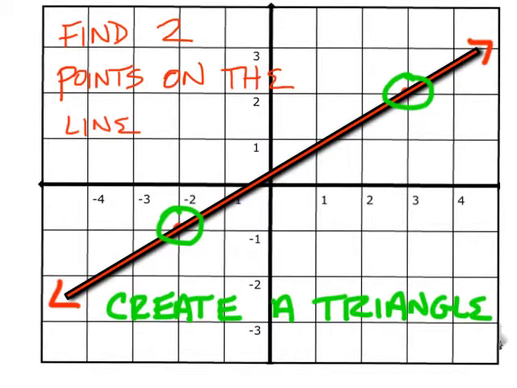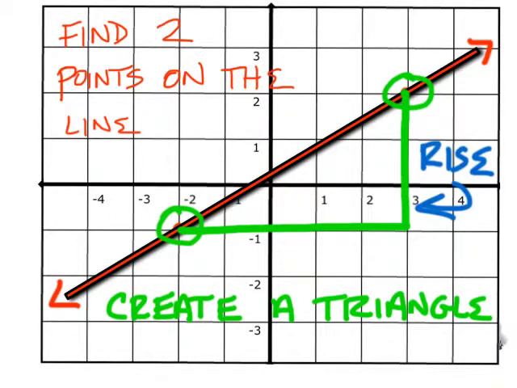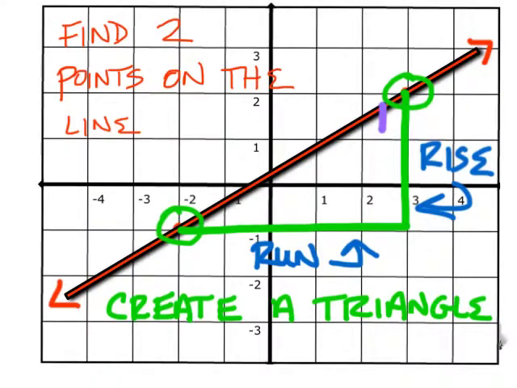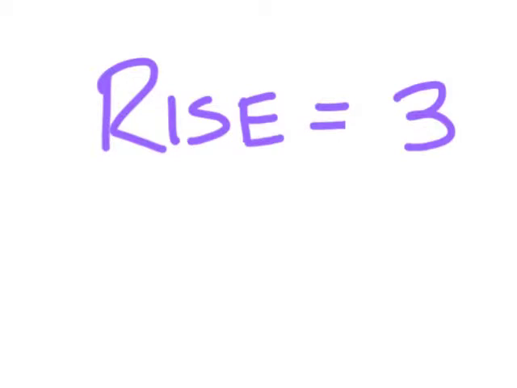So now create a triangle from those 2 points. There's the triangle. The rise is the one that goes up and down, and the run is the one that goes left and right. So count the blocks on each side. Starting at the right side, we have 1, 2, and then 3.